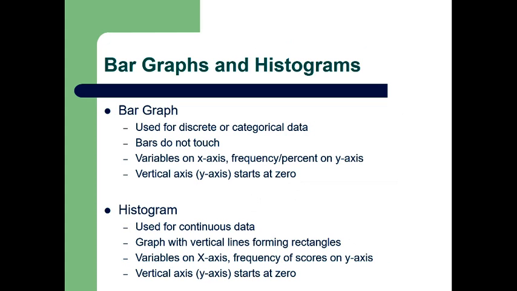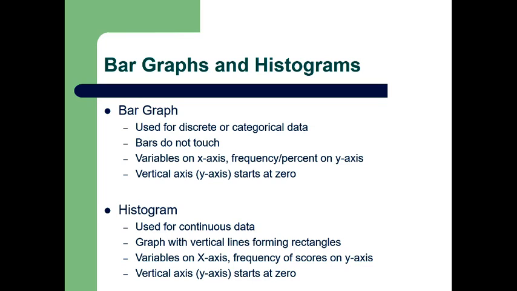This slide simply shows the summary for you, comparing the bar graph and histogram. You can note that the type of the data determines whether to use the bar graph or the histogram. The bar graph is used for discrete or categorical data, but the histogram is used for continuous data.